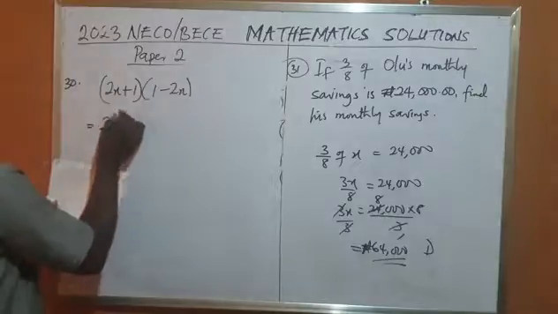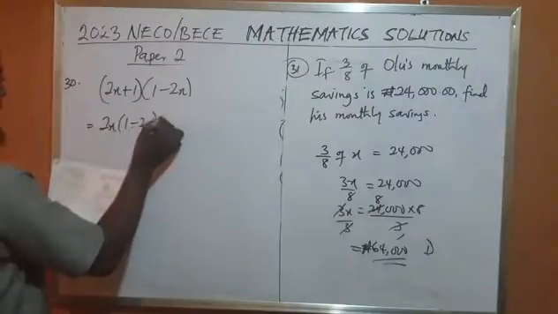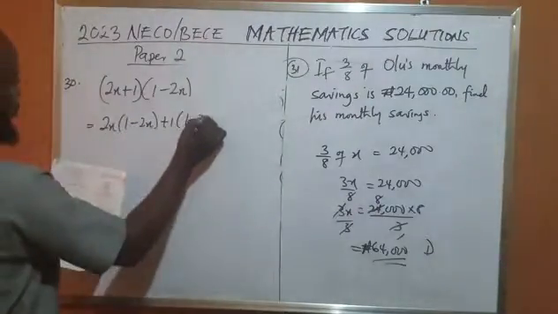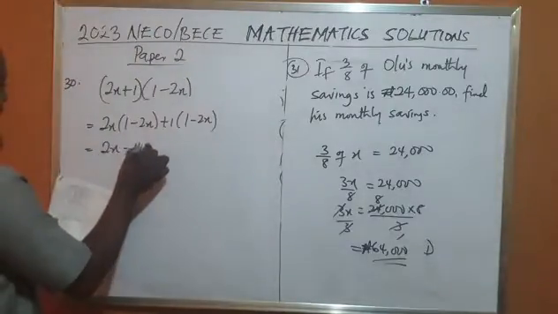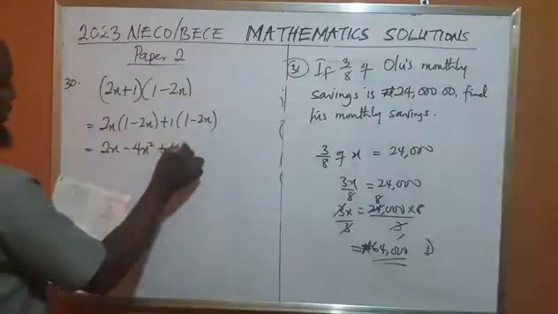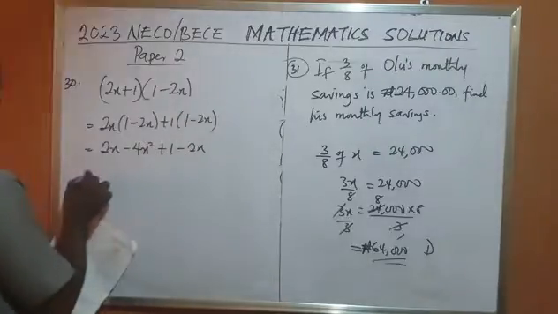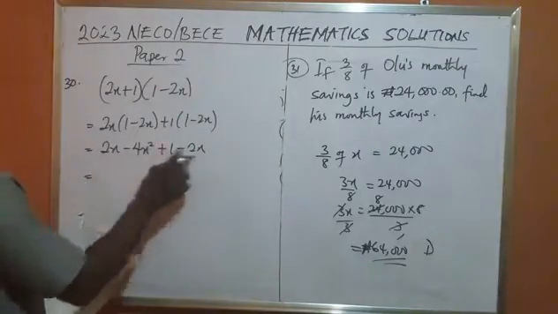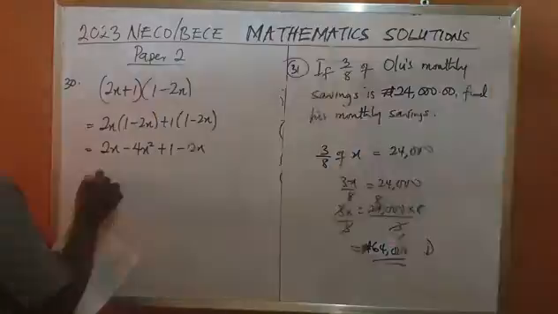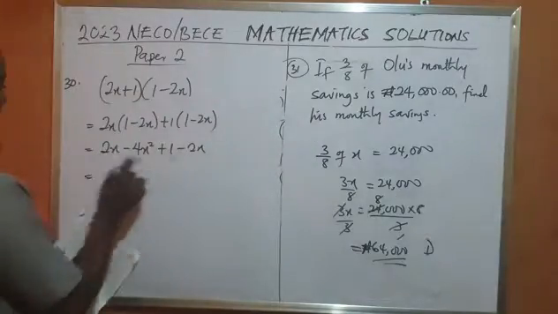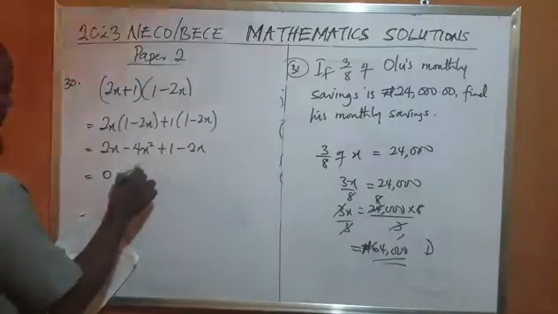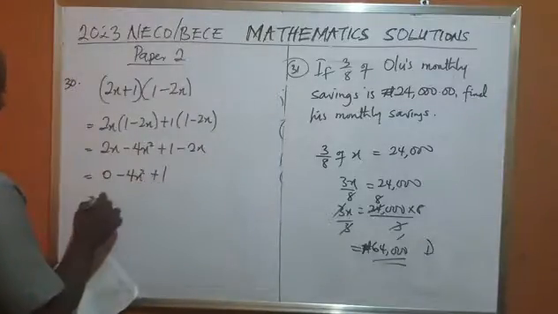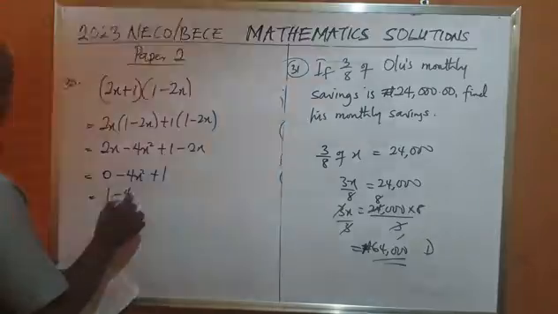So that is 2x into 1 minus 2x, plus 1 into 1 minus 2x. This will give us 2x minus 4x squared plus 1 minus 2x. Combining, 2x minus 2x is 0, so we have 1 minus 4x squared.